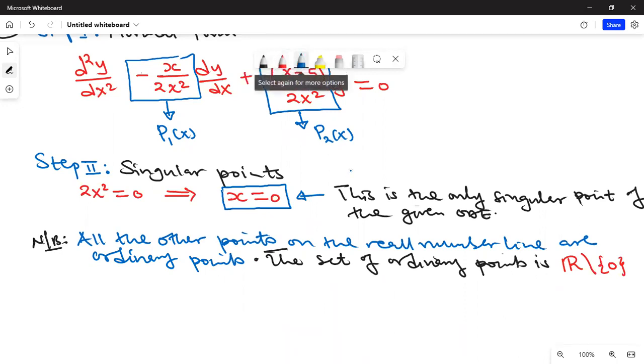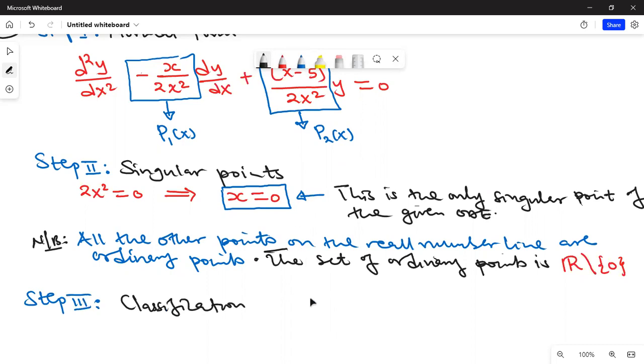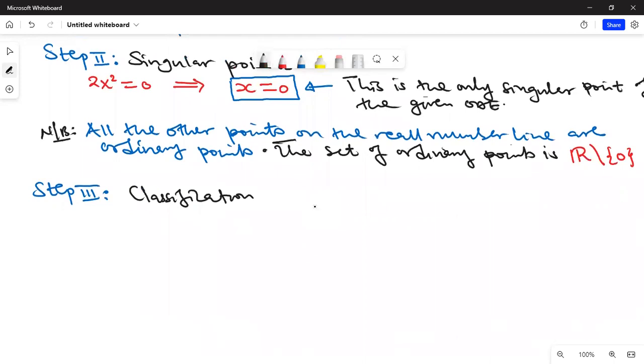So step 3, classification. In this case, our x naught is 0, because this is our x naught. So you can say here, let x naught be equal to 0.